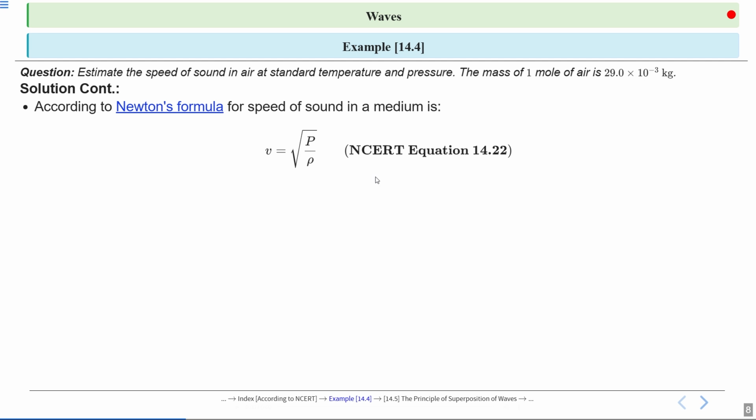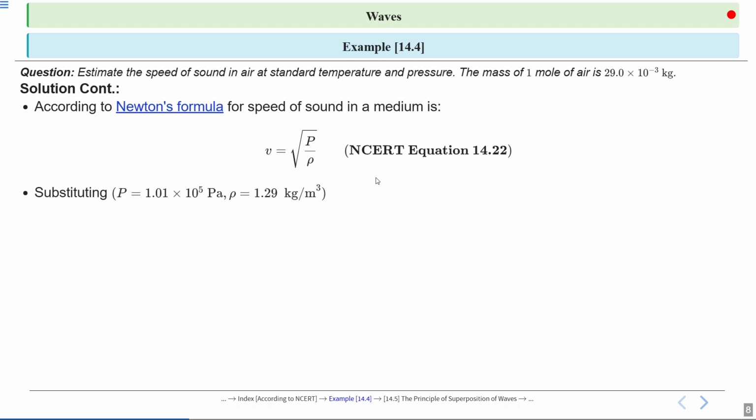The formula is V equals the square root of P divided by rho, where V is the speed of sound, P is the pressure of the medium in pascals, and rho is the density in kilograms per cubic meter. This equation tells us that the speed of sound depends on both the pressure and the density of the medium.